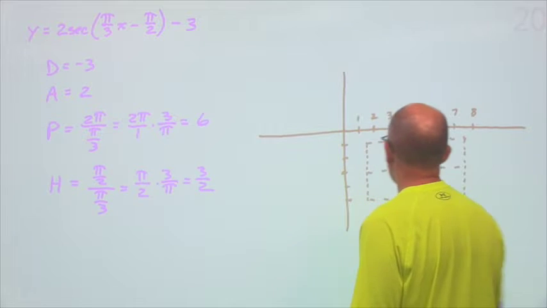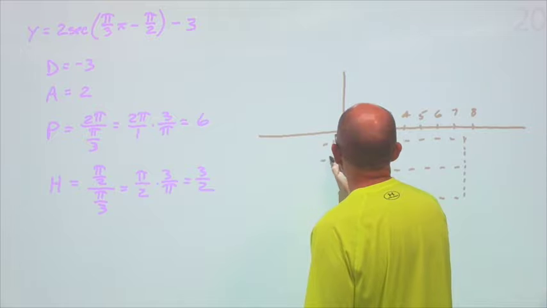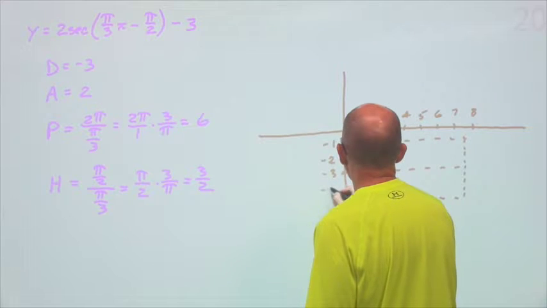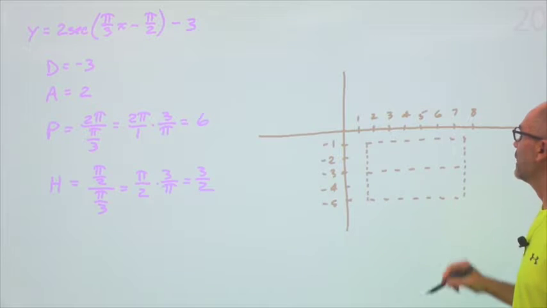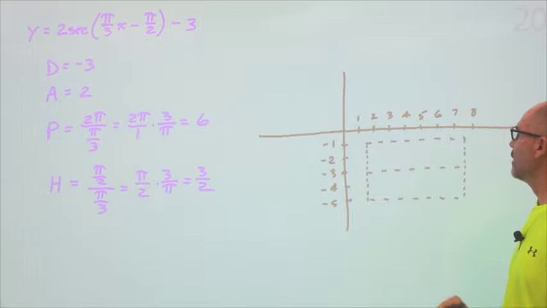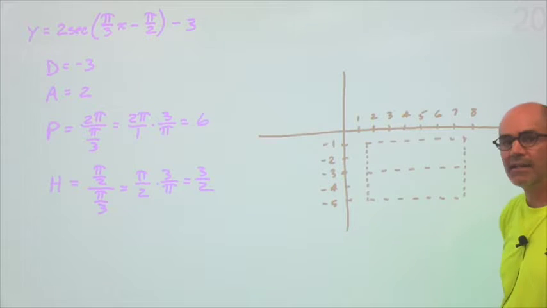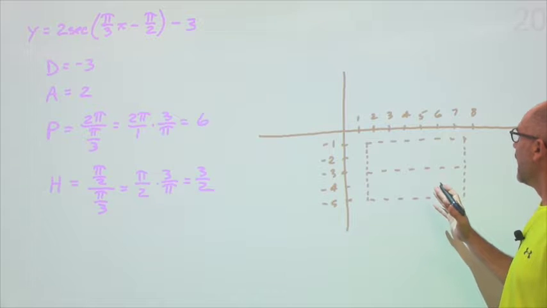And what we could do here to make this a little more clear is label -1, -2, -3, -4, -5. So you can see that the midline is at -3, and we're going up to -1, down to -5.